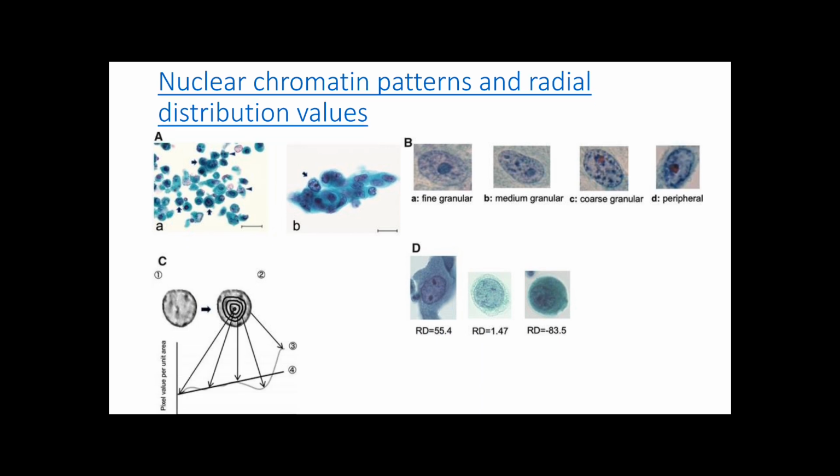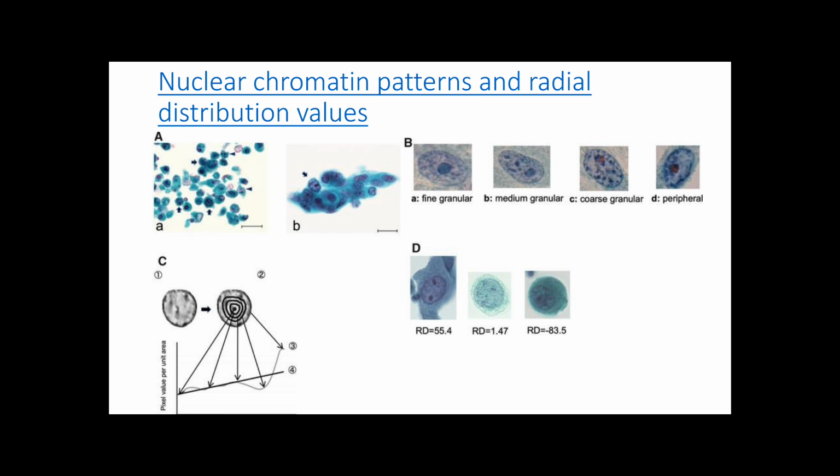Next one is the nuclear chromatin pattern and radial distribution. Here you can see the cells with fine granular, medium chromatin inside. We already discussed fine and coarse chromatin. So here you can see coarse chromatin. What is coarse? In the first pictures A and B, you can see the differences. On the second, upper right side, there are four types of cells.